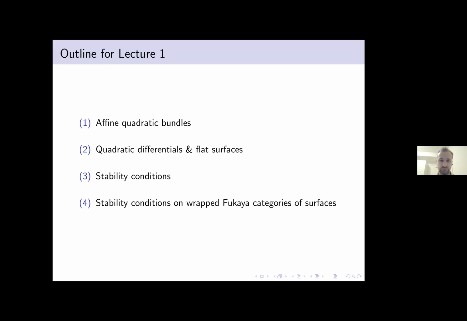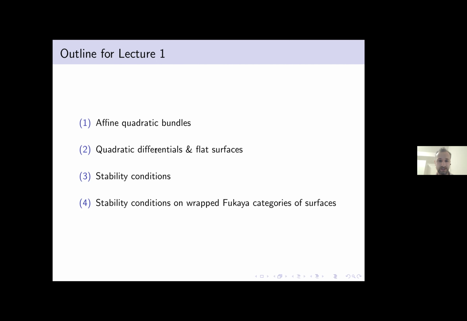So in lecture one, we'll first talk a little bit about affine quadric bundles, which I view as a motivation for quadratic differentials. They'll play a more important role in the second lecture, but for lecture one, the purpose is just to motivate why I'm thinking about quadratic differentials. Then quadratic differentials also have a nice interpretation in terms of flat surfaces.